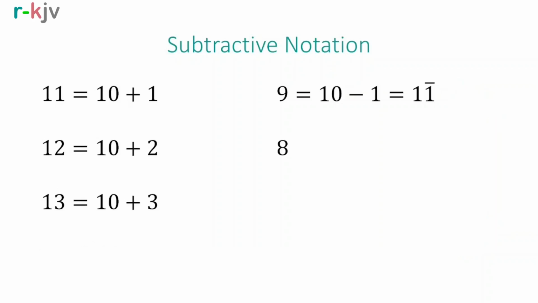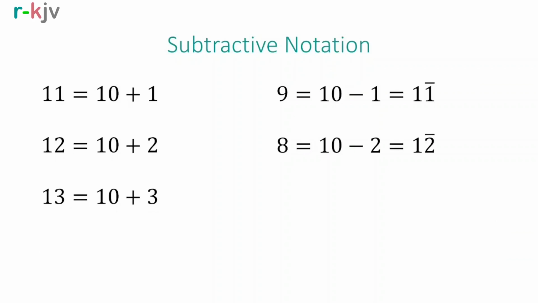As for 8, it is 10 less 2, an equivalent of 1 bar 2. With regards to 17, it is equal to 20 less 3, which is 2 Vinculum 3. The same goes for 56.